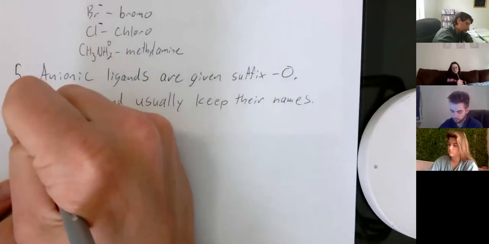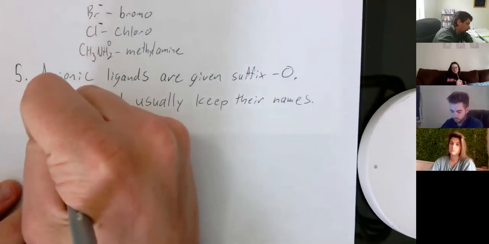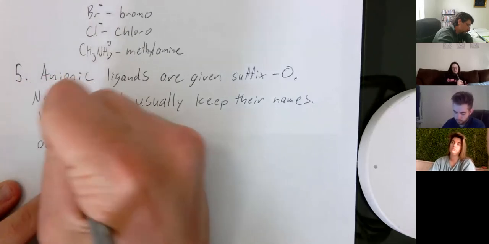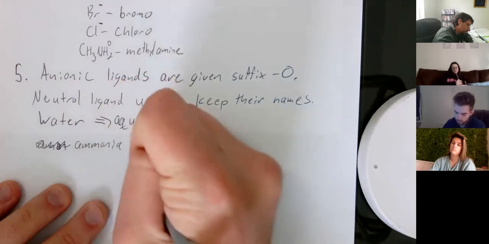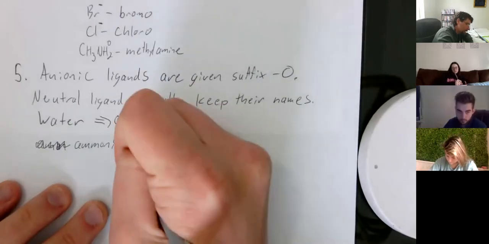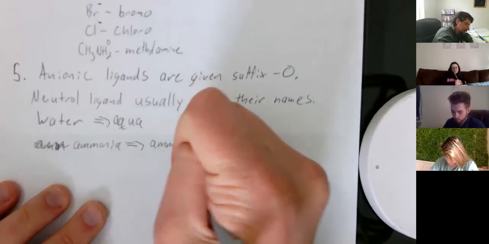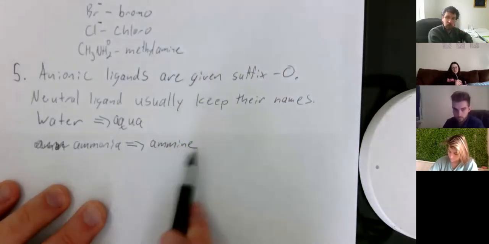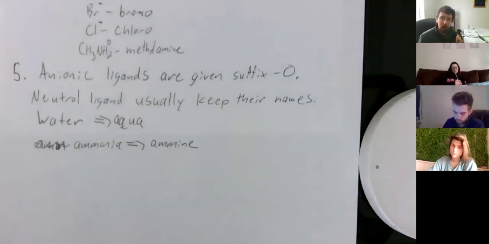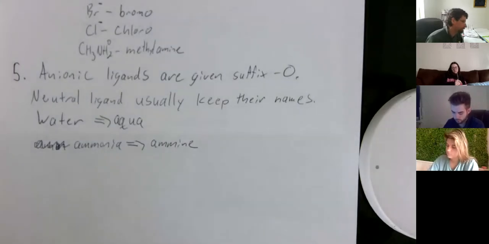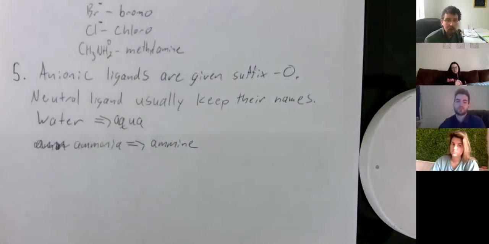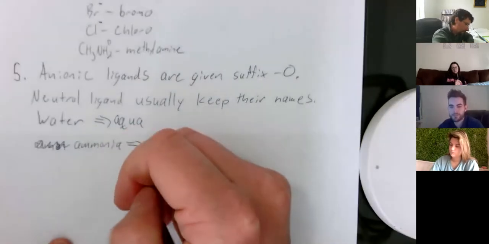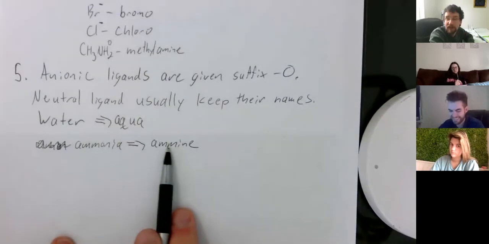And ammonia, oops, need 2 M's. It becomes amine with 2 M's rather than amine. Why does it have 2 M's?